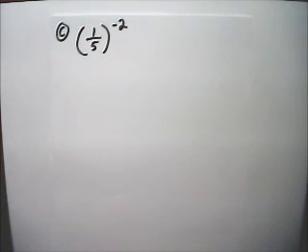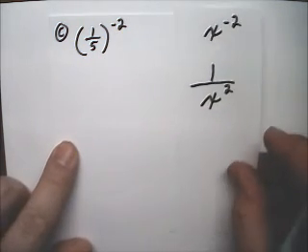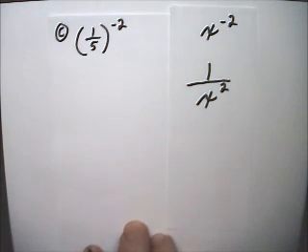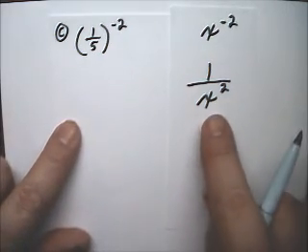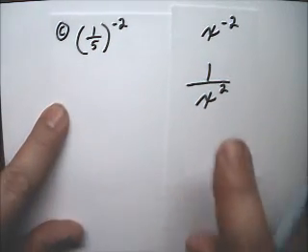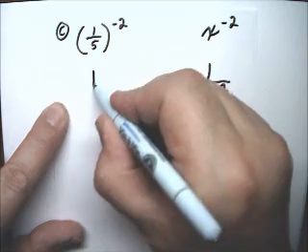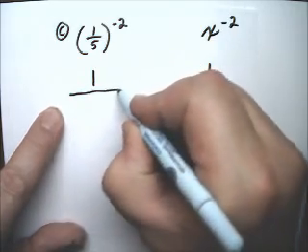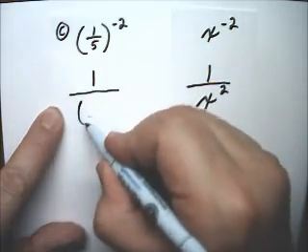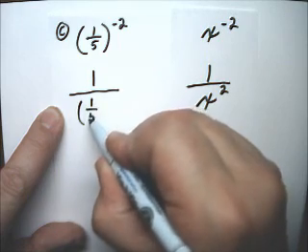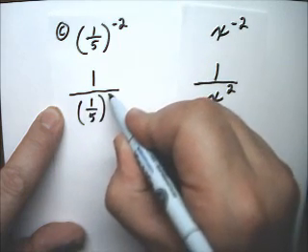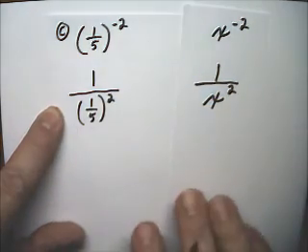Now, here we have a negative exponent, and going back to my example here, this is the one that I always think of when I'm thinking of negative exponents. I have to put a 1 in the top, I have to put what I have in the bottom, and the exponent changes to a positive.